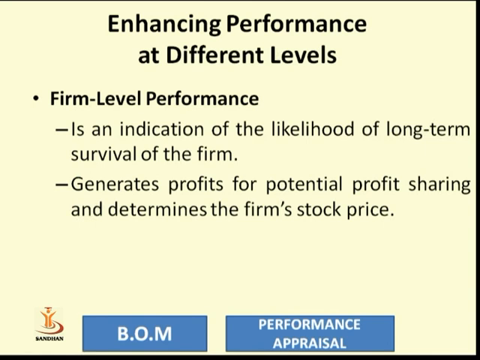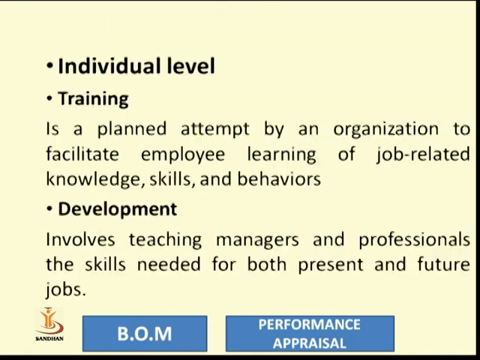Normally performance gets enhanced at two levels, at an individual level as well as at firm level. At firm level, performance is an indication of the likelihood of long-term survival of the firm, which generates profits for potential profit sharing and determines the firm's stock price. Whereas at individual level, the performance of an employee gets improved by imparting training and making efforts for the better development of an employee.